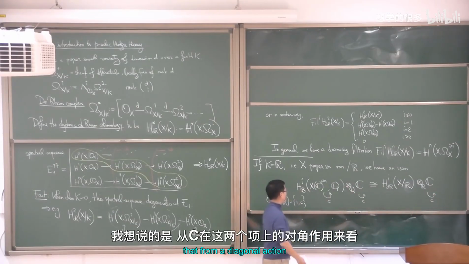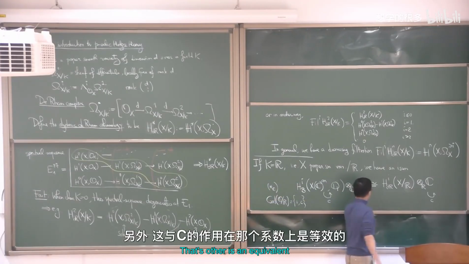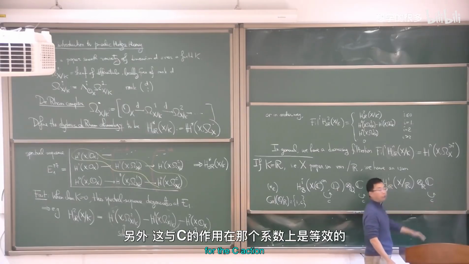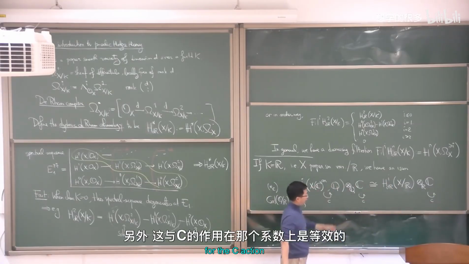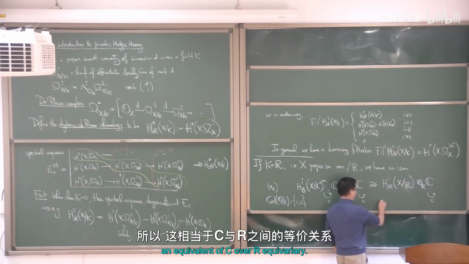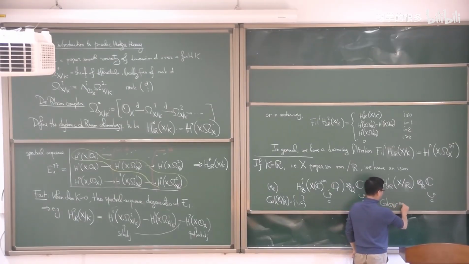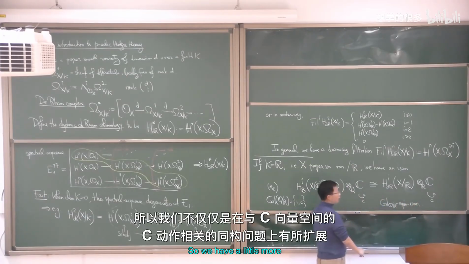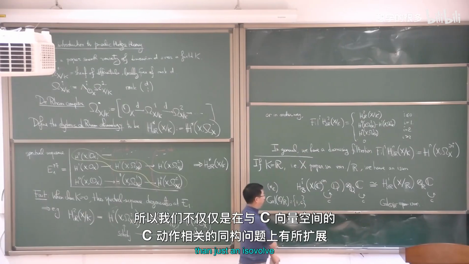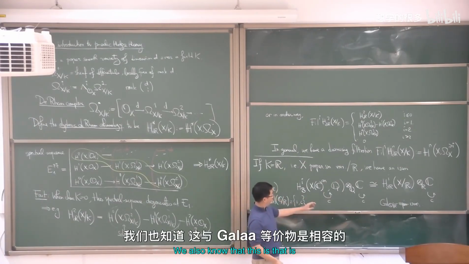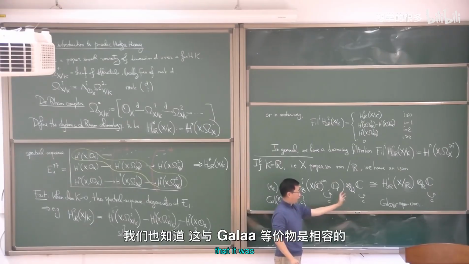And I want to say that for the diagonal action of c on these two terms, under this isomorphism it's going to be equivariant for the c action on the coefficients over there. So this is Galois group of C over R equivariant. So we have a little bit more than just an isomorphism of C-vector spaces. We also know that this isomorphism is compatible with the Galois equivariance.